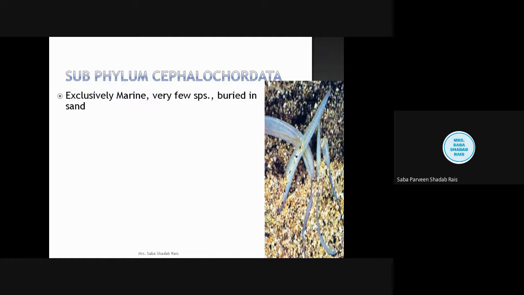It includes a very small number of species, meaning living species. Many species are extinct. Lancelet or Amphioxus are animals of this particular subphylum. They are found buried in the marine sand. The notochord extends up to the tip of the rostrum. Rostrum is the head portion of the animal.